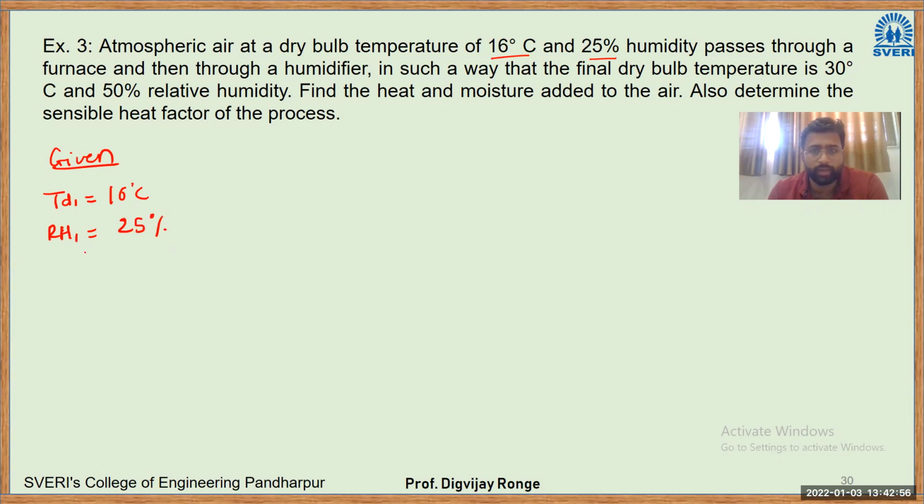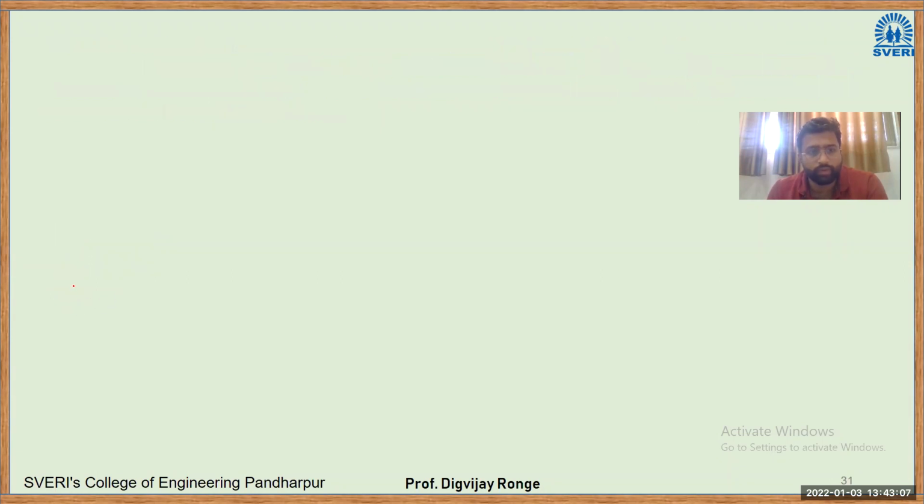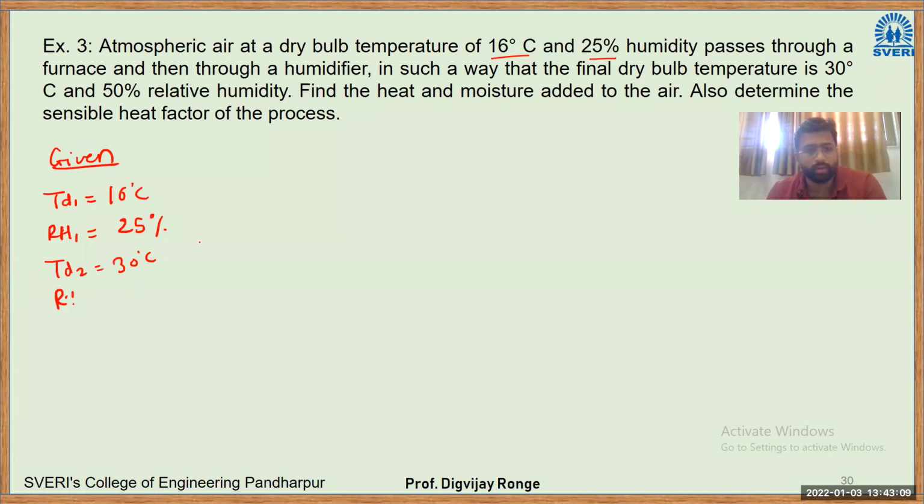Then sensible heating and humidification take place, and the final is TD2, here it is 30 degrees Celsius, and RH2, here it is 50%. Then you have to calculate the amount of moisture added, that means mass of water vapors. Then we have to calculate the sensible heat factor.